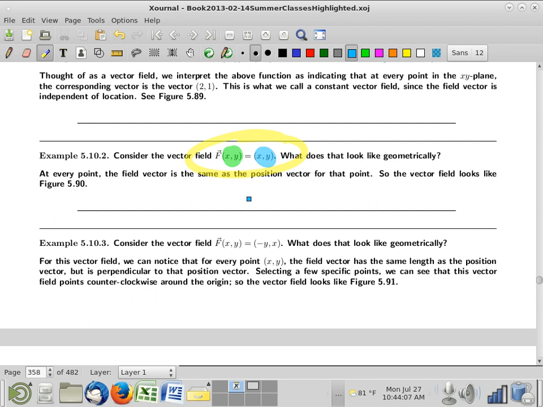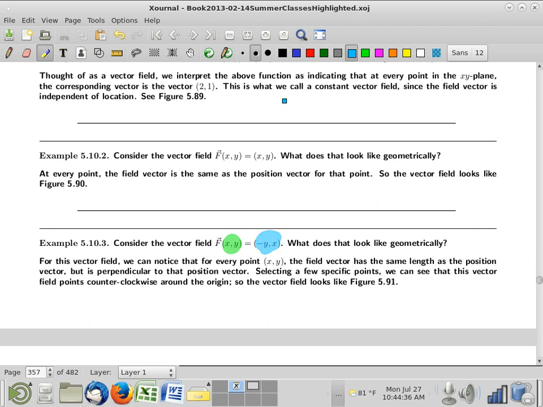Here's another one. You can plot a few points here, namely plug in some x's and y's, get your associated vectors, start assembling a picture one point at a time. It's very convenient, though, to make a couple of geometric observations. That is to notice that the input point and the output vector are nicely related.